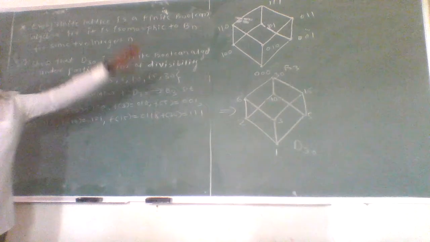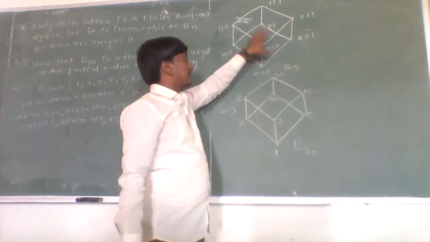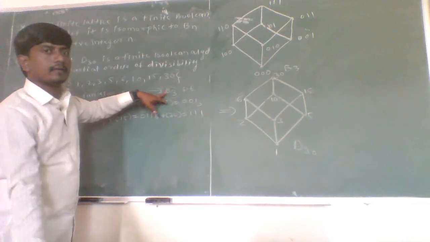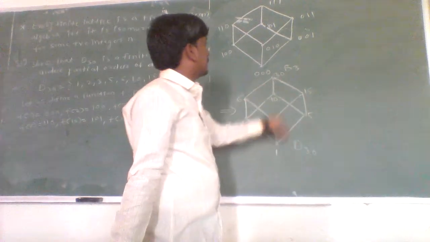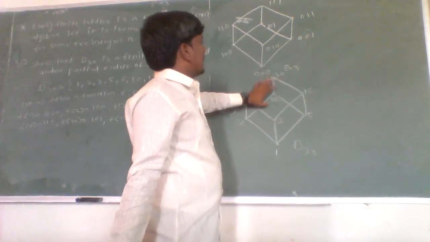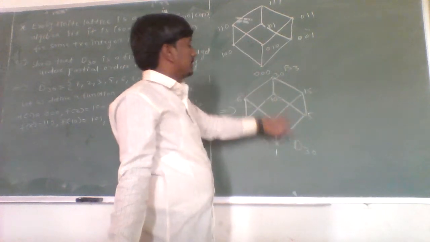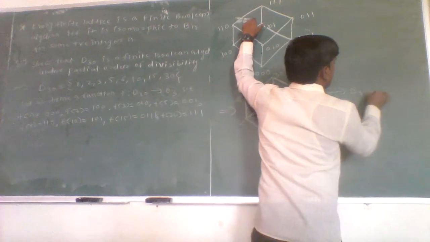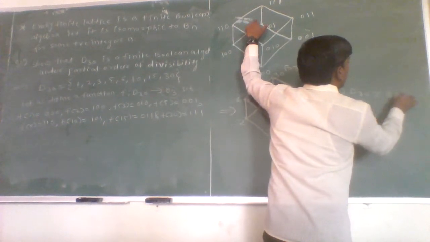As these two Hasse diagrams are isomorphic, D30 is isomorphic to B3. Since the Hasse diagrams of both D30 and B3 are the same, D30 is isomorphic to B3.